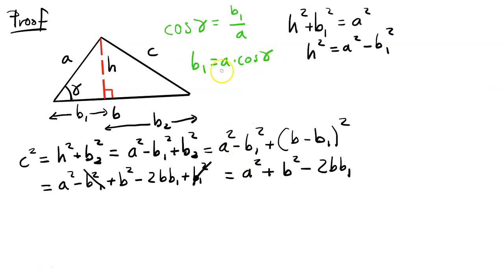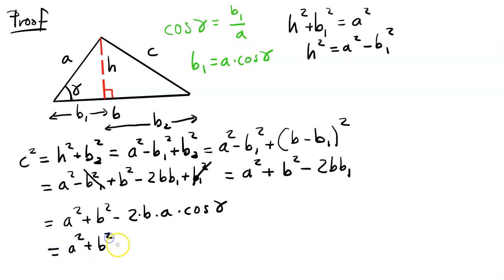But then I can just substitute this here for b1. And what do I get then? Well, I get a cosine gamma. And just tidy it up a little bit. We see that we have arrived at our result because we can change the order here. And this is the result we are looking for. So thereby we have proved the theorem.